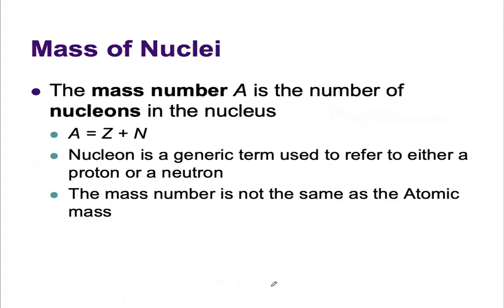So the mass of the nuclei, we generally find out from the total number of protons and neutrons which are present within the nucleus.